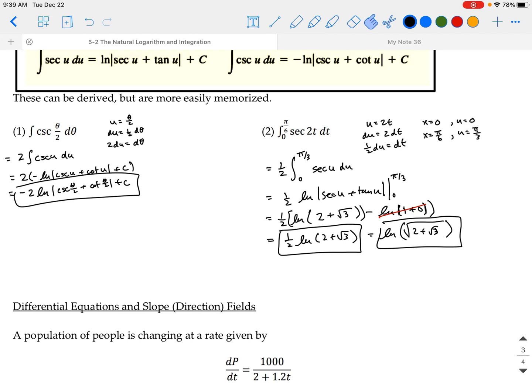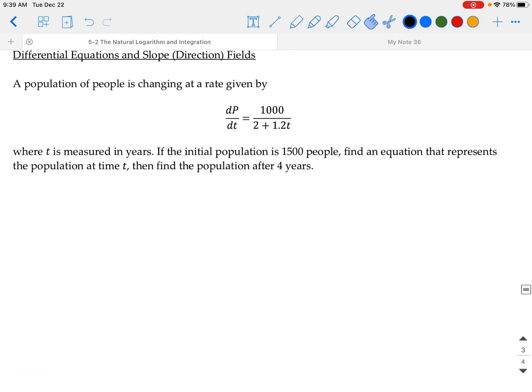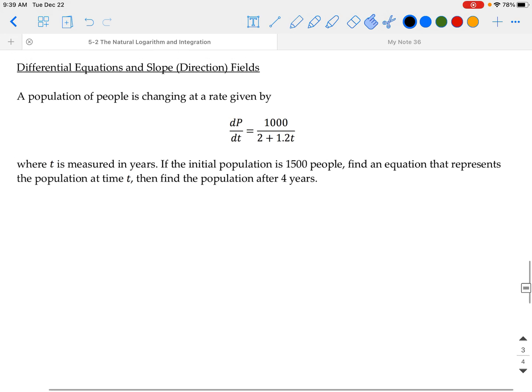Okay. Also in 5.2, we're going to look at direction fields, differential equations, similar to what we started with in chapter 4, but now we're actually going to use it quite a bit since most of our applications involving in particular population size are going to be exponential. So we can go ahead and take a look at this example here.